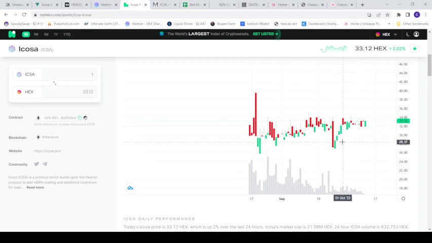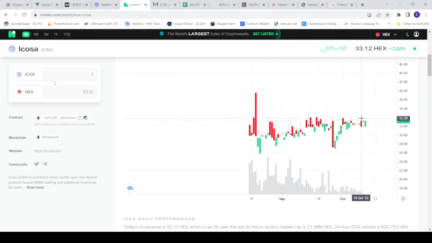So when it's in this range, right, you're just collecting nonstop fees. But now all of a sudden, if hex Icosa ratchets up, then you can just adjust your LP position. So let's say it jumps up to like 40 and a low of like 35.